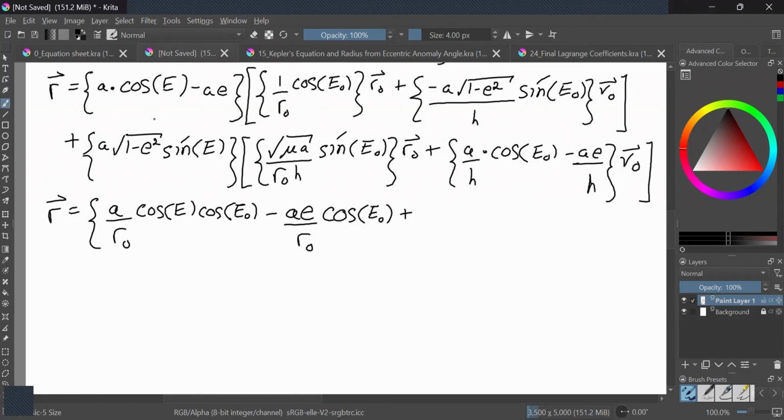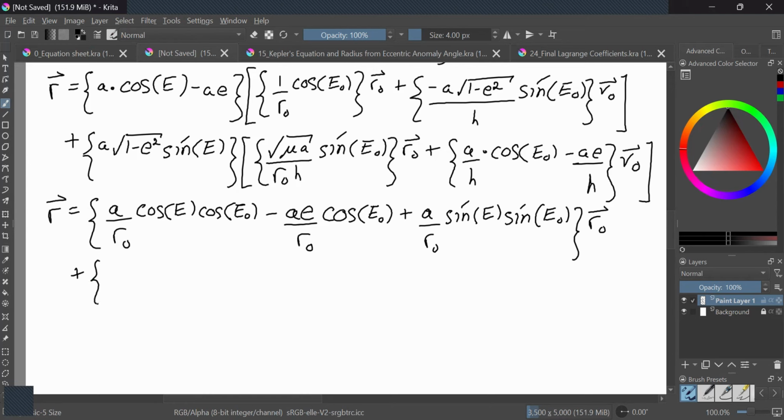So they will all cancel out, leaving us with a by r naught times the sine of e times the sine of e naught, scaled by r naught.